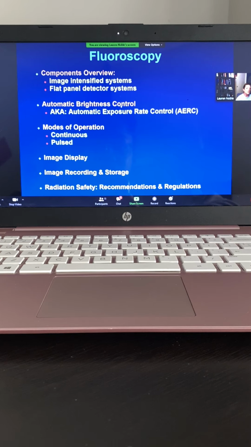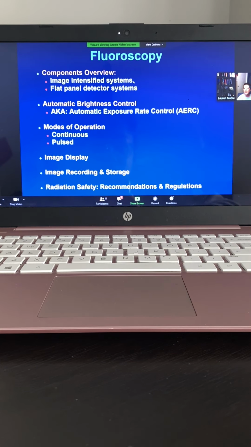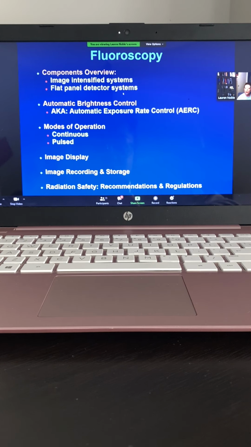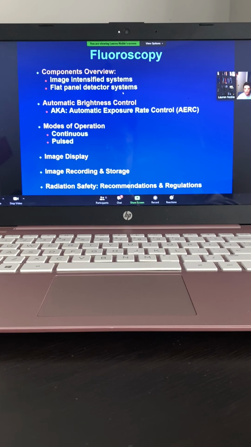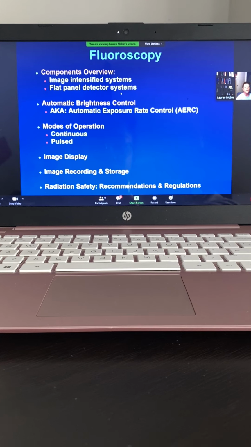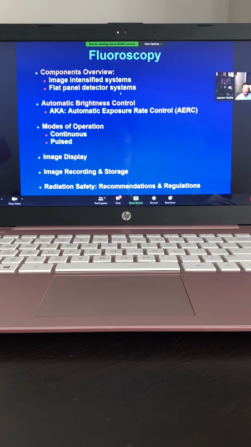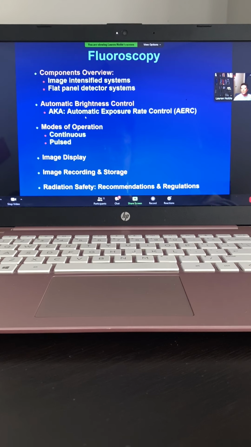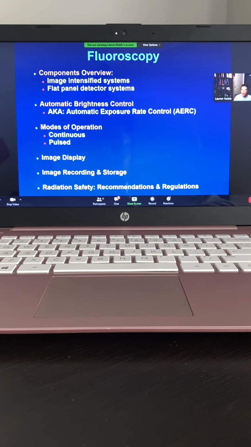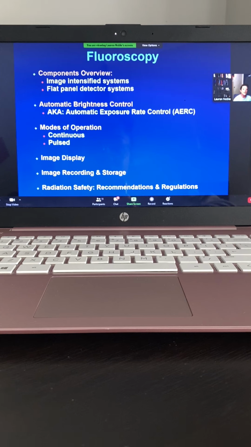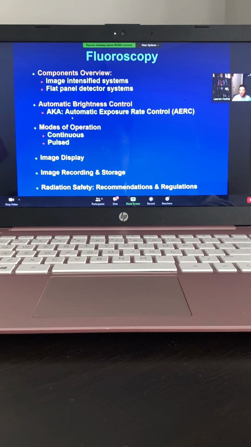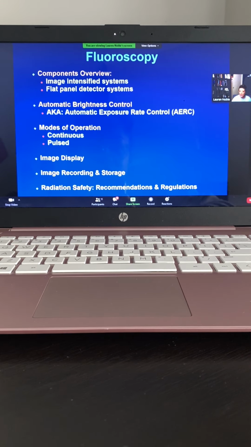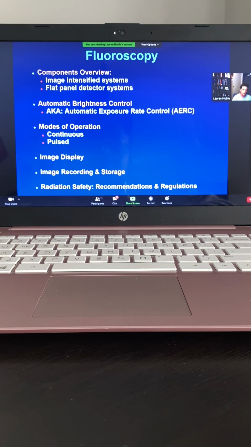So we are going to be talking about image intensified systems, and then we'll also talk about flat panel detector systems. We're also going to be talking about automatic brightness control. A more common term now is automatic exposure control rate, or AERC, so you need to be able to recognize those initials as well.